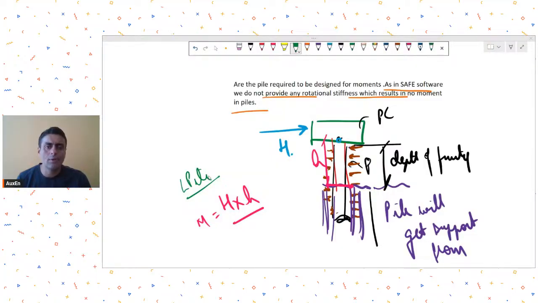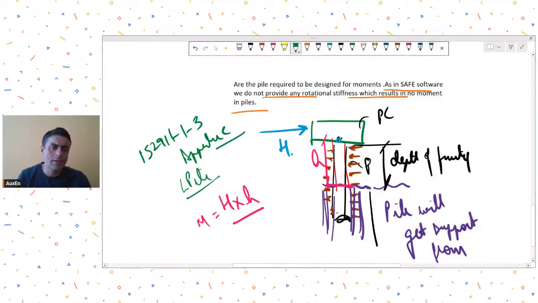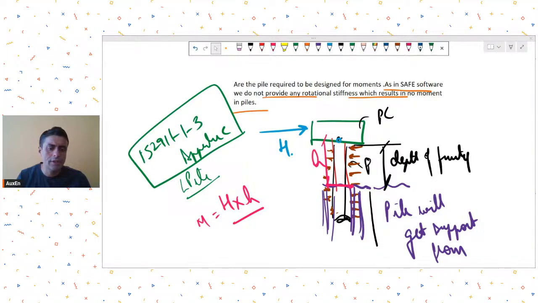Or empirically, you can use IS 2911 Part 1 Section 3, I think Appendix C, if I remember correctly. It gives you a procedure to calculate the depth of fixity. Then you multiply the horizontal thrust by that depth to get the moment in the individual pile.